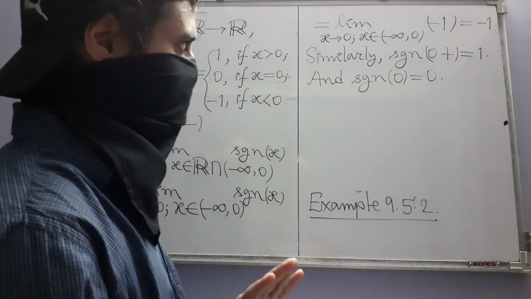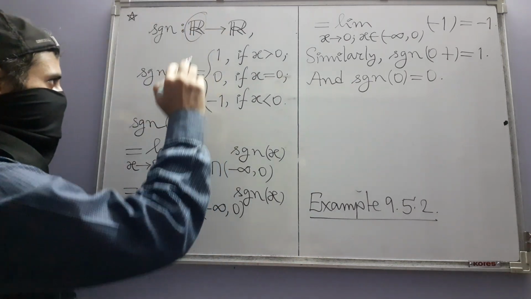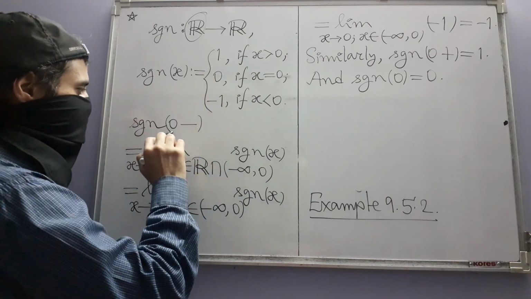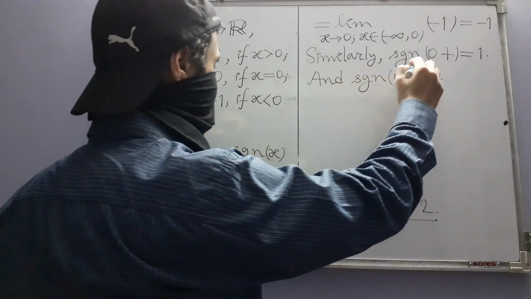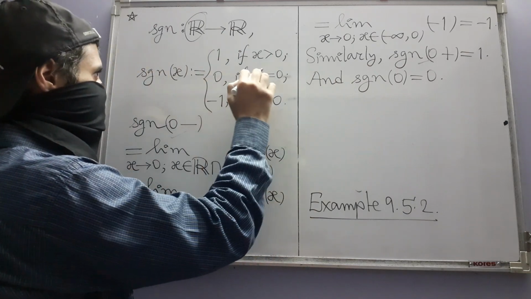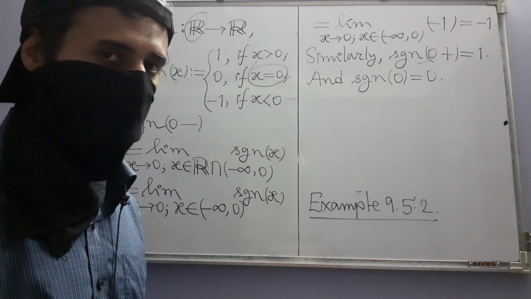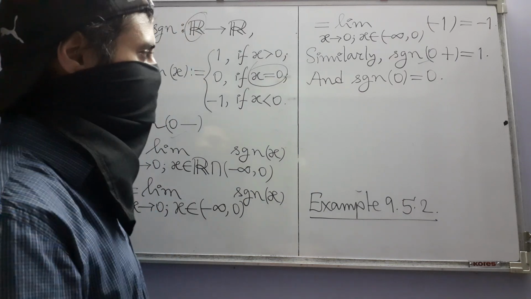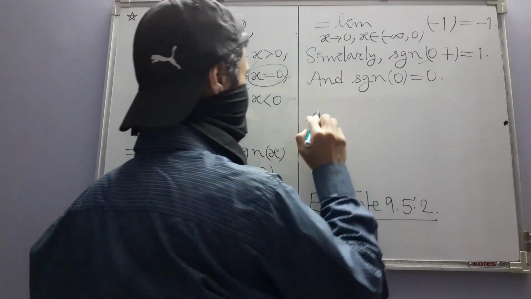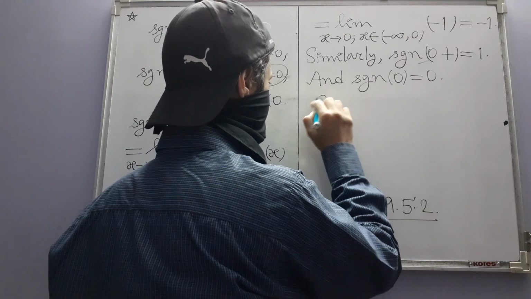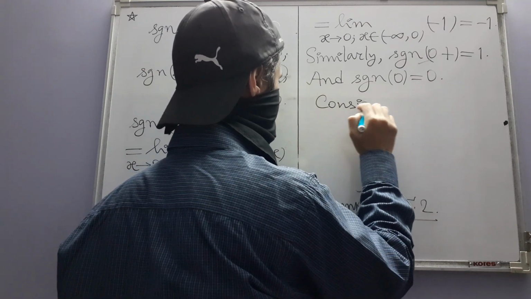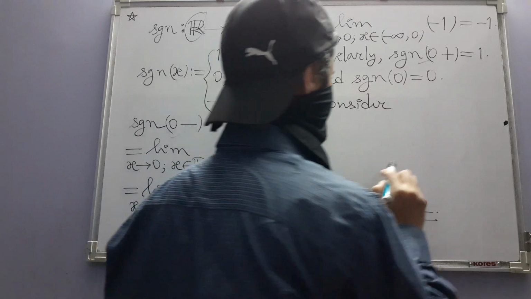And one should also note, see, here the point at which we are calculating the left limit and the right limit, that point is a point in the domain of the function. That, however, is not necessary. For example, consider this function.